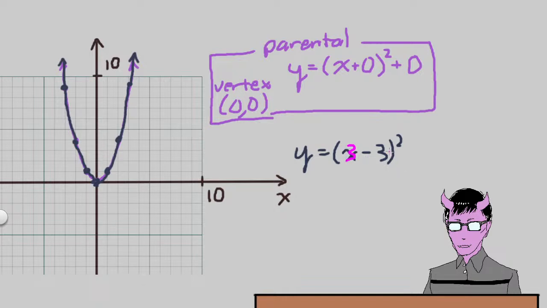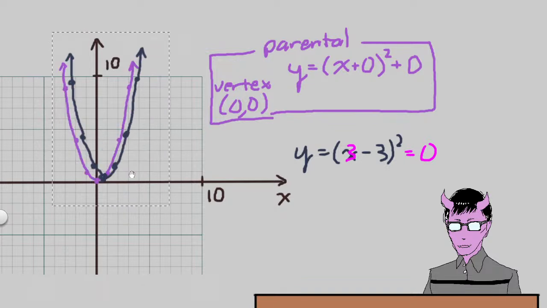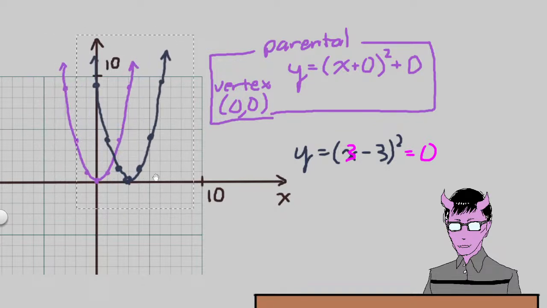Positive 3 minus 3 gets you 0. So because it's positive 3, you shift your function 3 spaces to the right, not to the left. Again, the minus 3 is reducing your x inputs. So if your input was positive 3, it gets reduced by 3, which results in 0 right there.